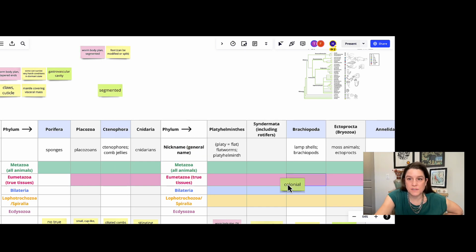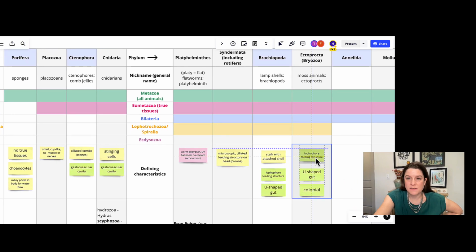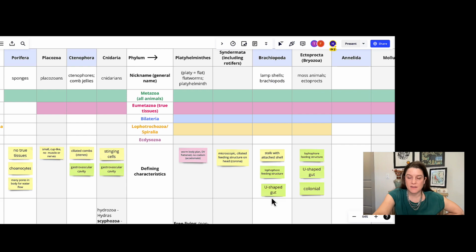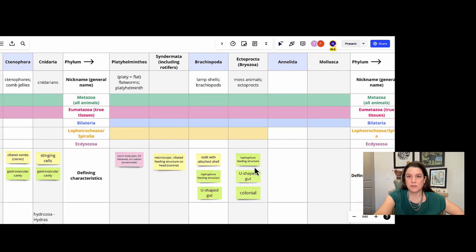And these guys are colonial. Colonial's not unique. I guess that's what the green ones mean. They're not unique features, but they are kind of defining features of the group, just not actual synapomorphies per se. But if I gave you the combination of them, you'd be able to match it with what organism it is. Whereas the yellow ones are pretty unique to that group.